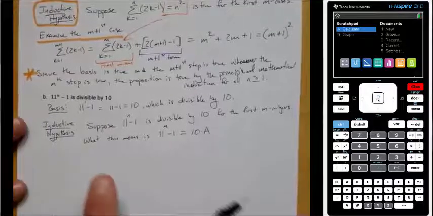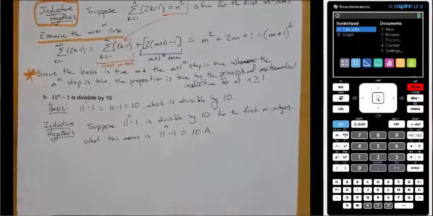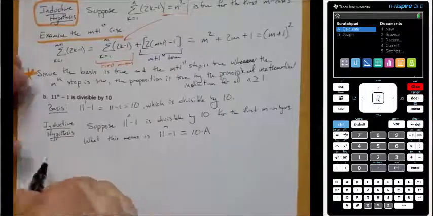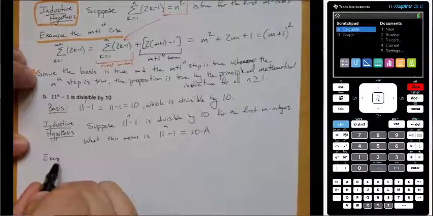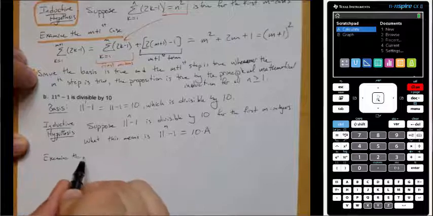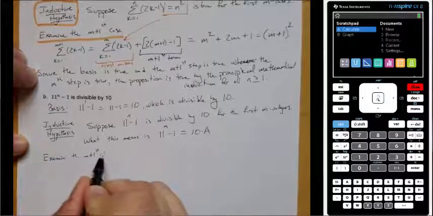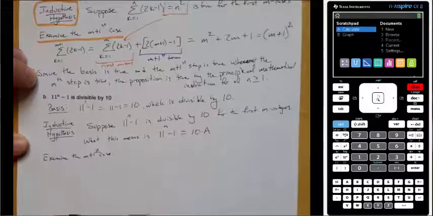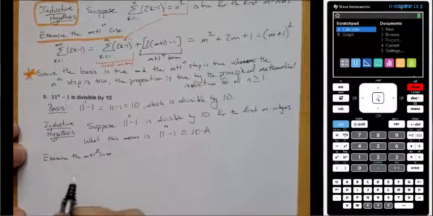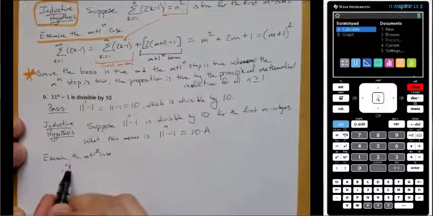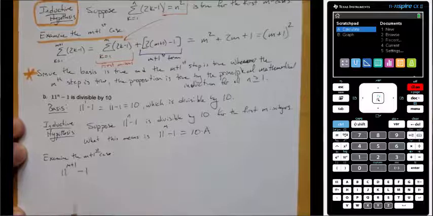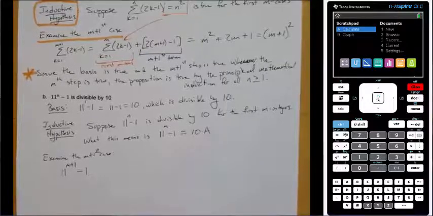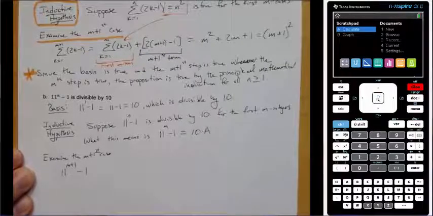Okay, so here's our inductive hypothesis. Now we're going to examine the m plus first case. The m plus first case is we're going to look at numbers of the form 11 to the m plus 1 minus 1. This isn't as straightforward as the previous one where I just peel off a term.